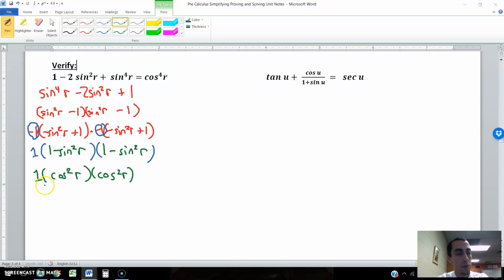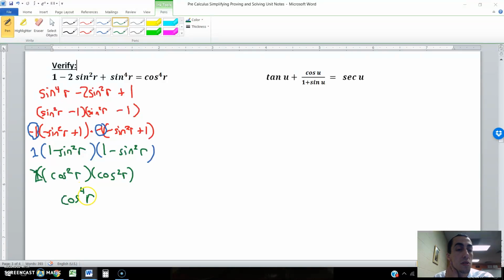Alright, so check this out now. 1 times cosine squared of an angle is just cosine squared of the angle. So we can really just ignore that times 1. Now, cosine squared times cosine squared is cosine to the 4th. Because when we have the same base and we're multiplying, add the exponents.